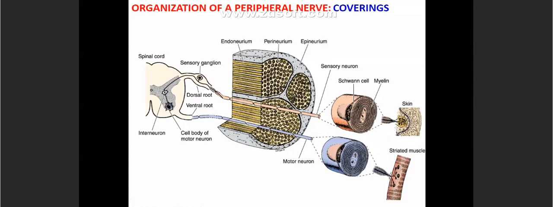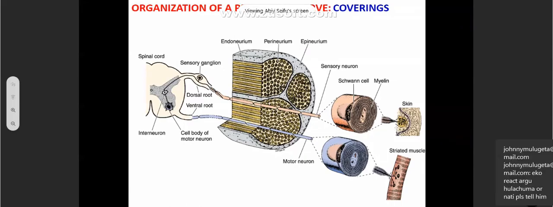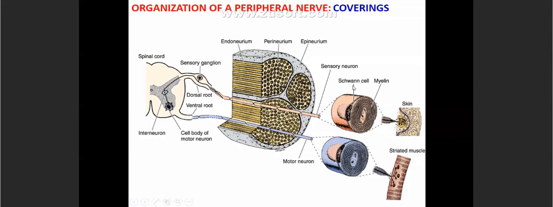Rather, they protect neurons. Schwann cells form protective structures in the peripheral nervous system.